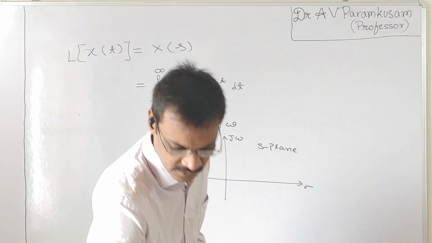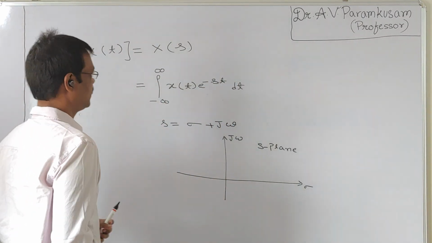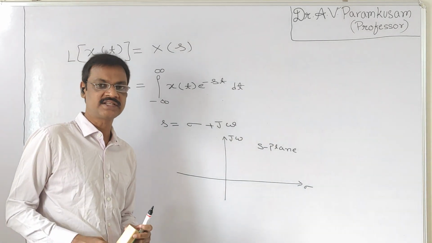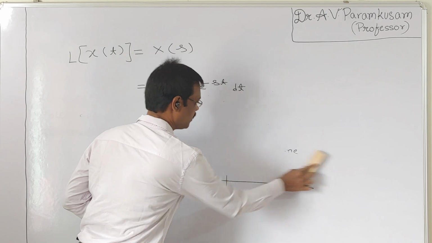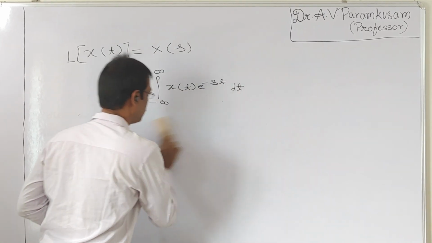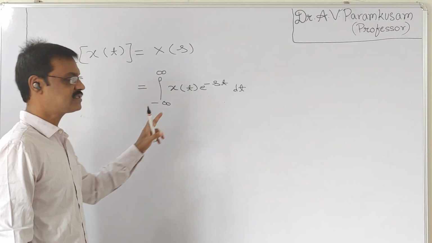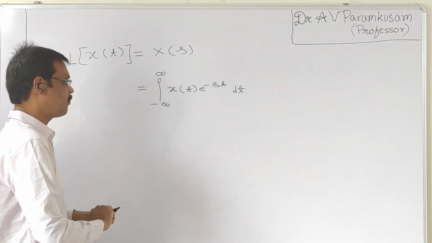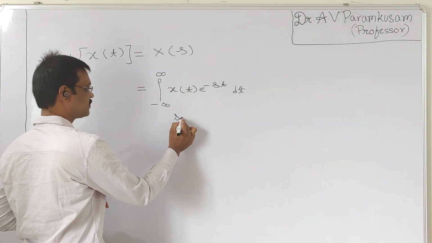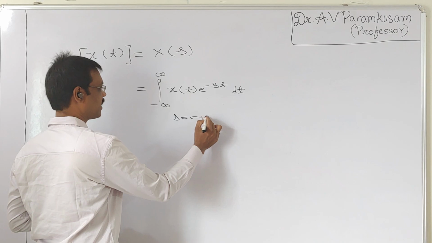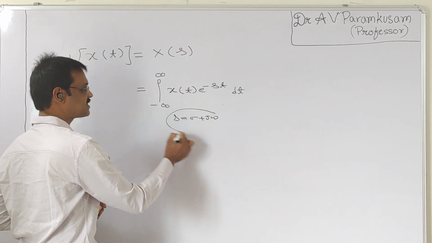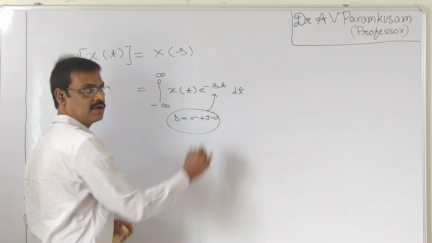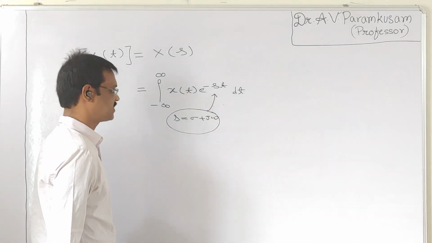Now we see the relationship between Laplace transform and Fourier transform. So this is the definition of Laplace transform. What is s? s is equal to sigma plus j omega. Now you substitute this sigma plus j omega in this definition of x of s.